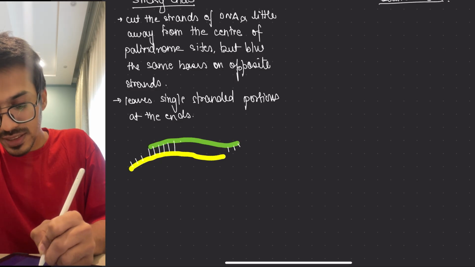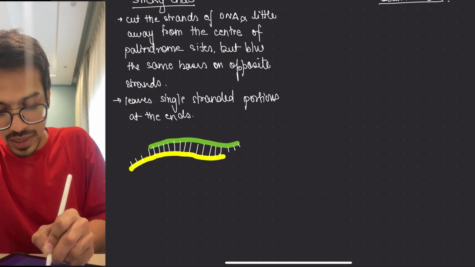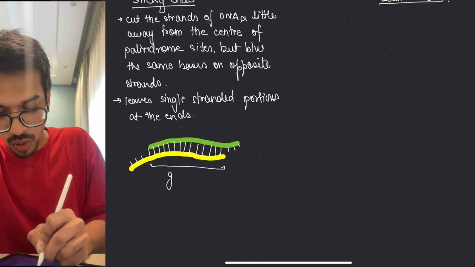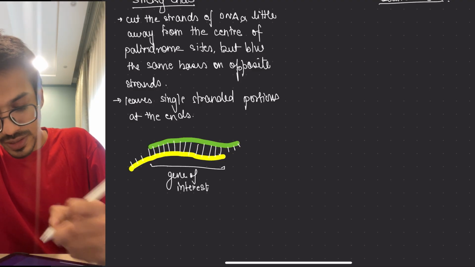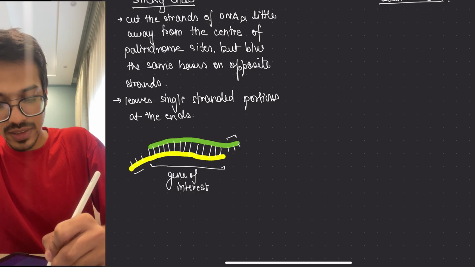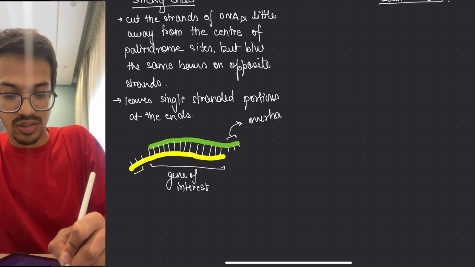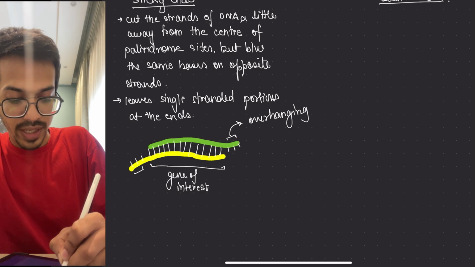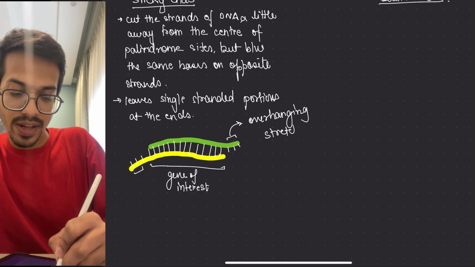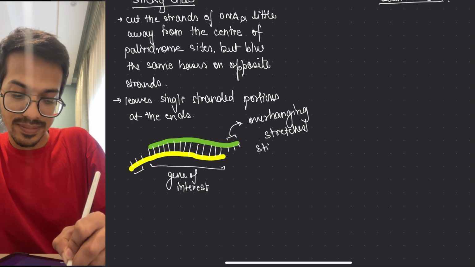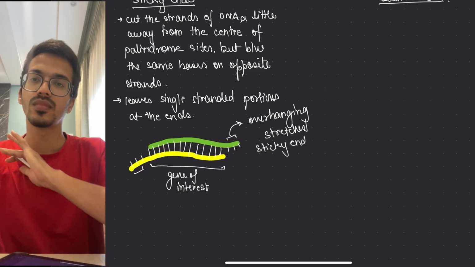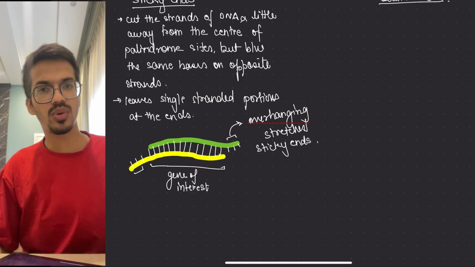The area that is paired is our gene of interest, and these two parts are the overhanging stretches, or called sticky ends, or overhanging stretches, whatever you want to call it.